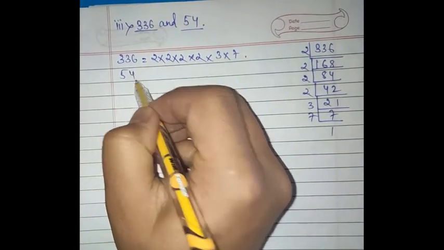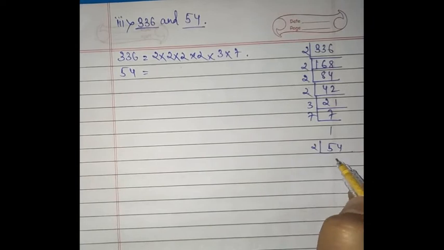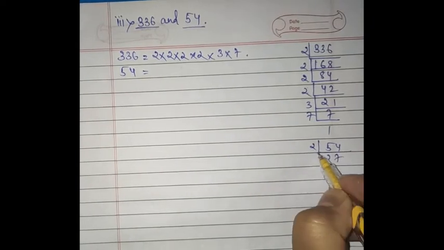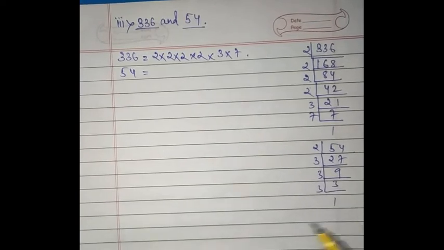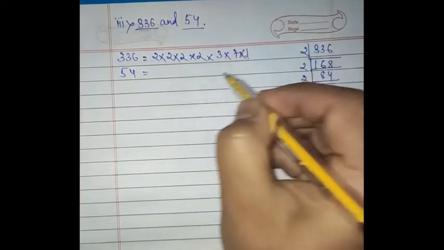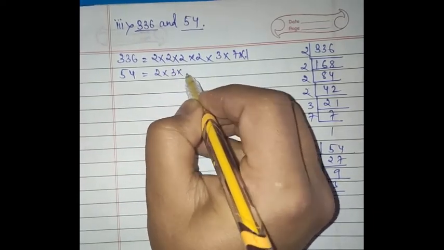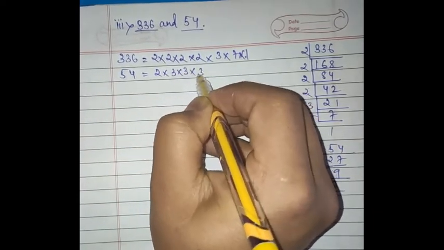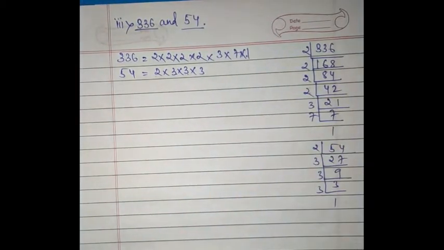Next 54. 2 into 27 is 54, 3 into 9 is 27, 3 into 3 is 9, 3 into 1 is 3. So you can write 1 also here. So it is 2 into 3 into 3 into 3. 2 into 3 is 6, 6 into 3 is 18, 18 into 3 is 54.